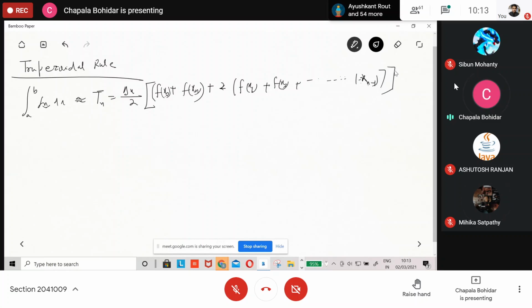Where del x is equal to b minus a by n, and your xi is equal to a plus i del x.